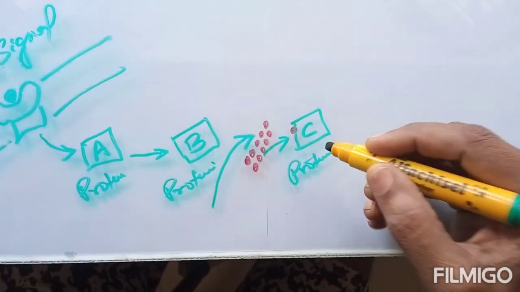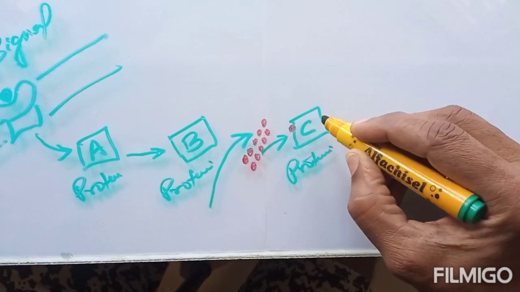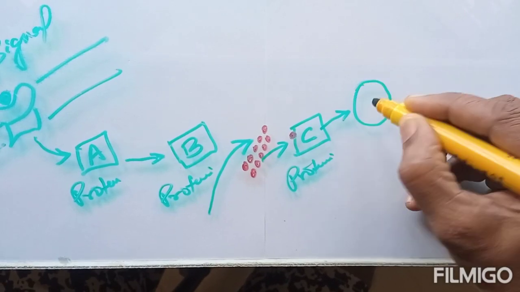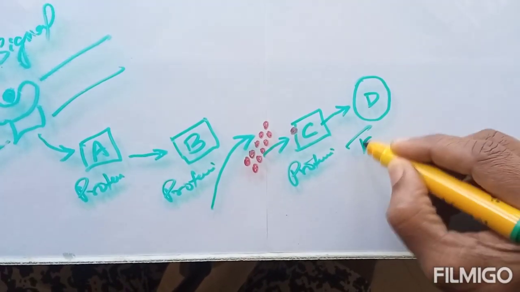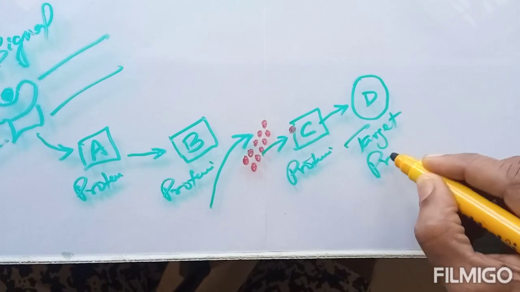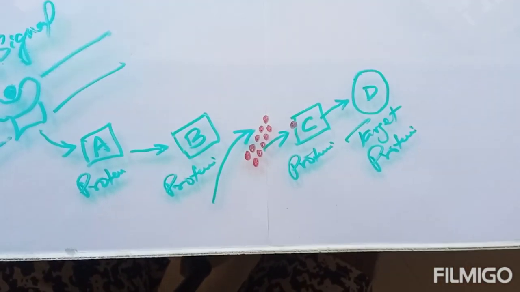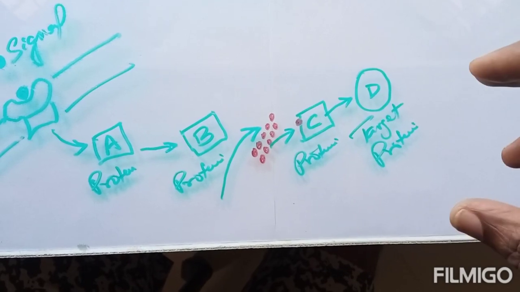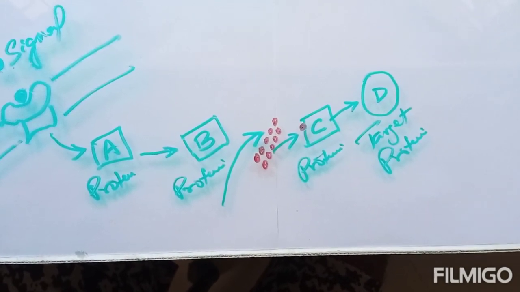And protein C, once it is activated, goes on to activate the target protein, namely protein D. This is the target protein. It may be a critical enzyme in a metabolic pathway. So when it is activated, it controls the metabolic process.